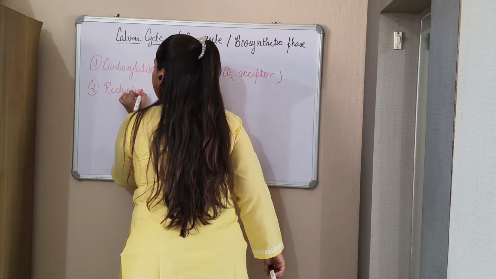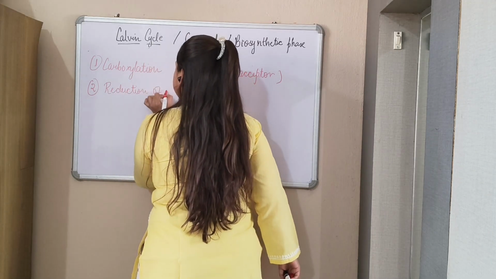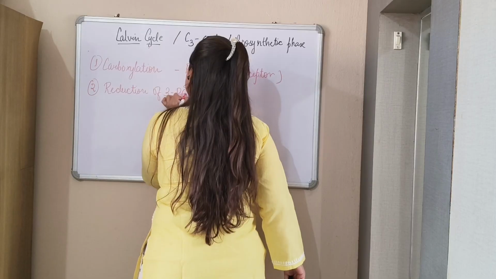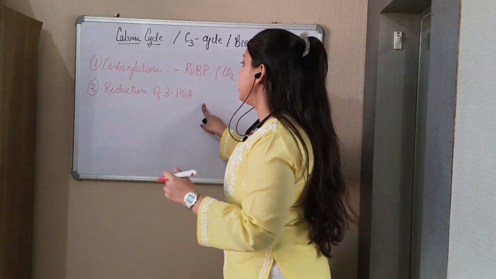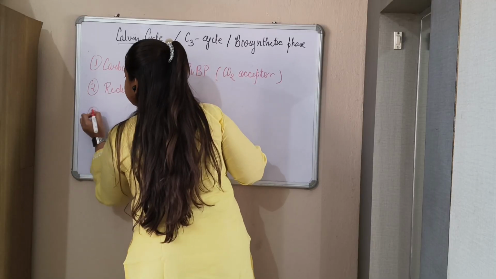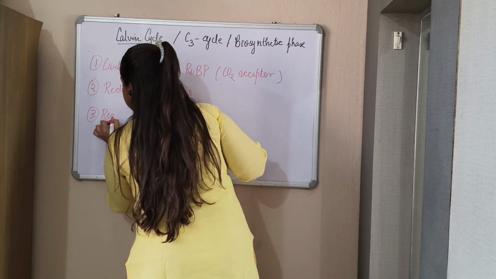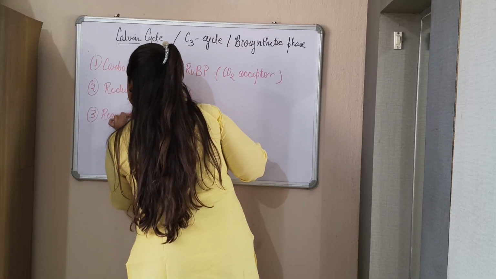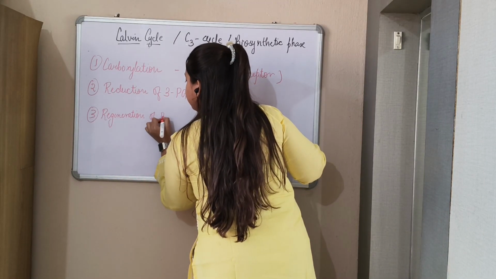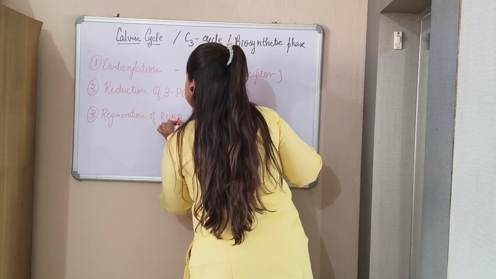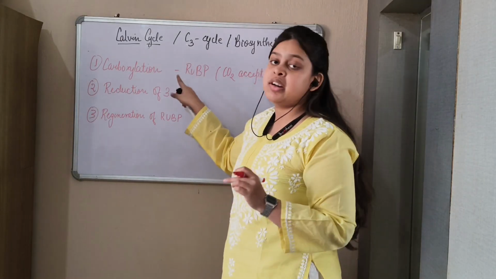The 3-phosphoglyceric acid is reduced into an aldehyde molecule. The third event is regeneration, the regeneration of RuBP, the CO2 acceptor, from where we had started the cycle.